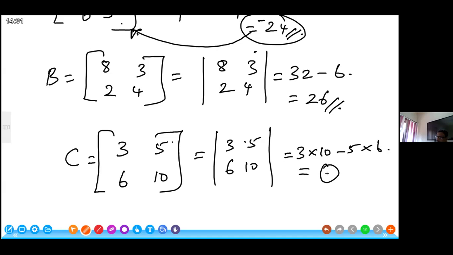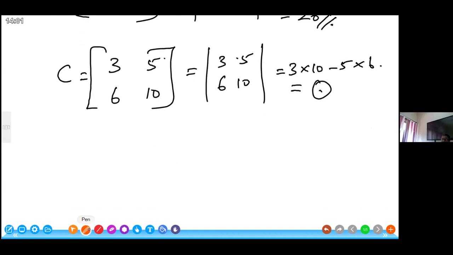So determinant can have any value. It can have a positive value, a negative value, or even a 0 value. If the determinant of A is equal to 0, then it is called a singular matrix.